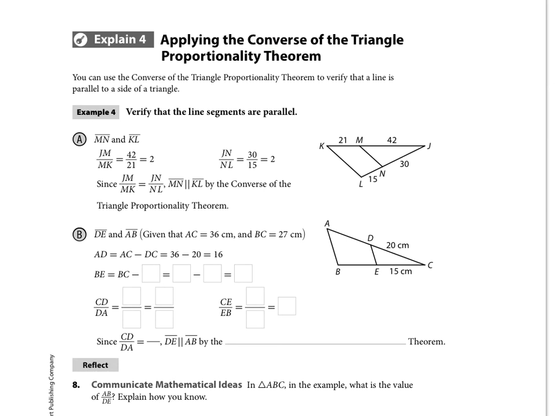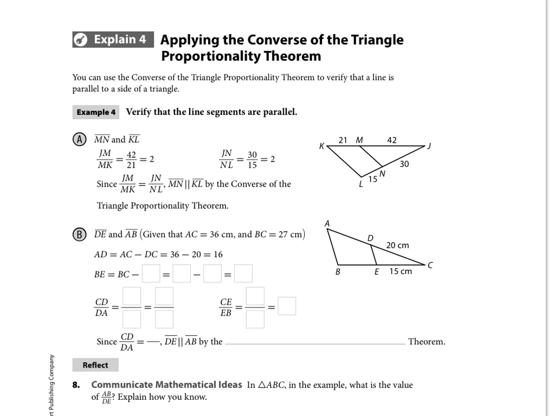So for example, for part A, notice the process that they go through. We want to prove that MN is parallel to KL. We do not have those markings to begin with. So what we want to know is, are the sides divided proportionally? We have MJ is 42 and MK is 21, and that ratio does come out to be 2.